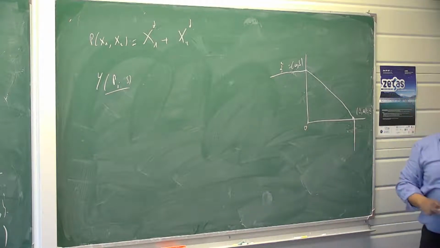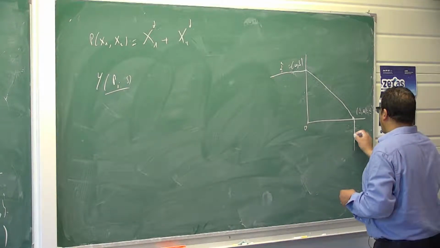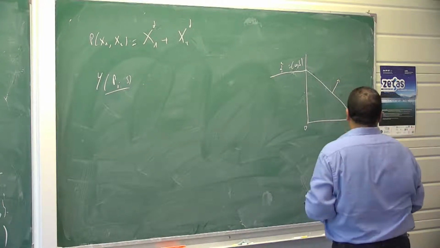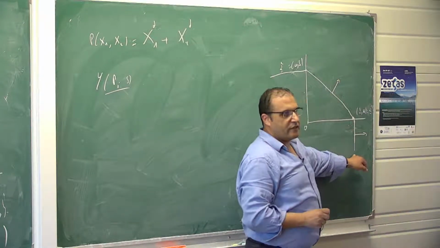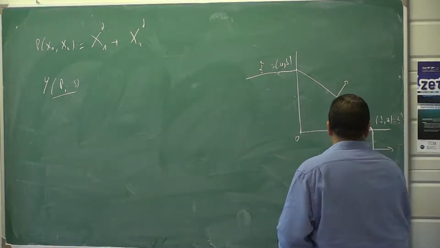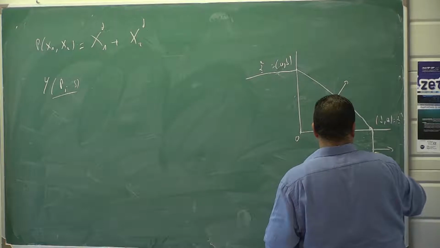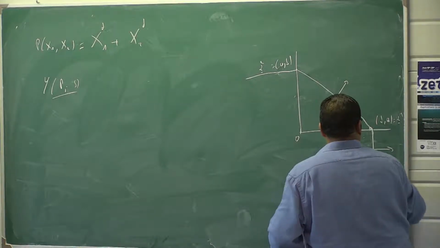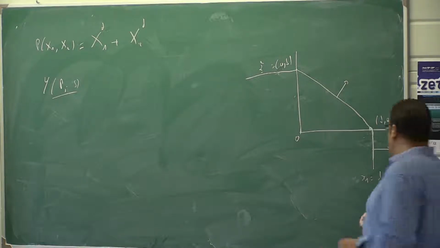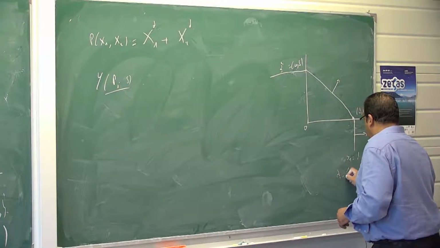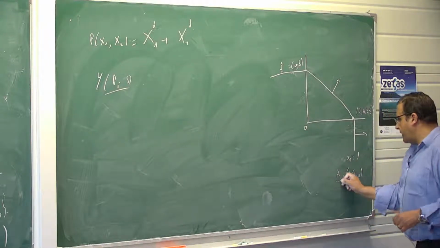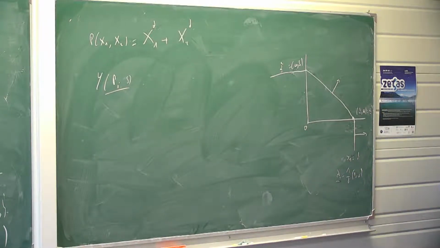So here, for example, the equation of this face is x1 equal d. So the vector lambda 1 is equal to 1 over d, (1, 0). This is the vector lambda 1.